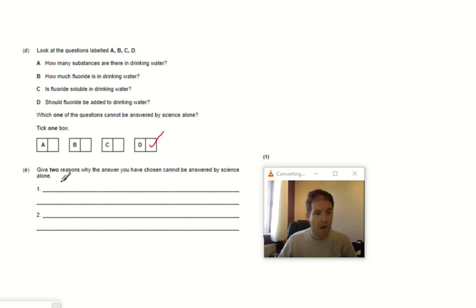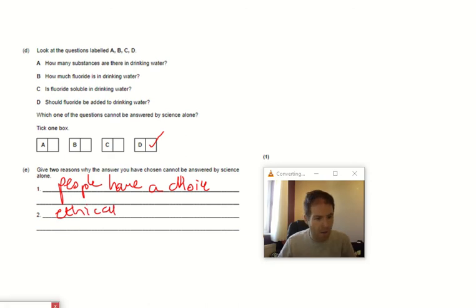Give 2 reasons why the answer you have chosen cannot be answered by science alone. People have the right to choose. Is it ethical? What about the things it might be doing in the future, etc.?